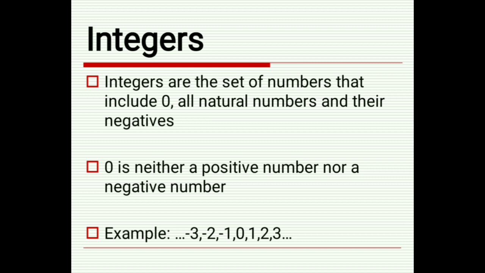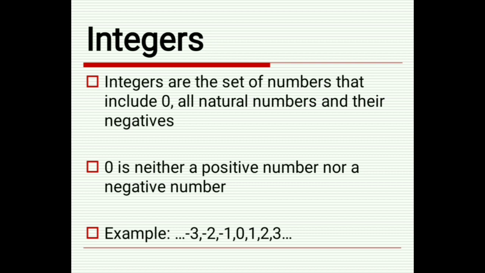Now let us start with integers. What are integers? Integers are the set of numbers that include 0, all natural numbers and their negatives. And remember children, 0 is neither a positive nor a negative number.